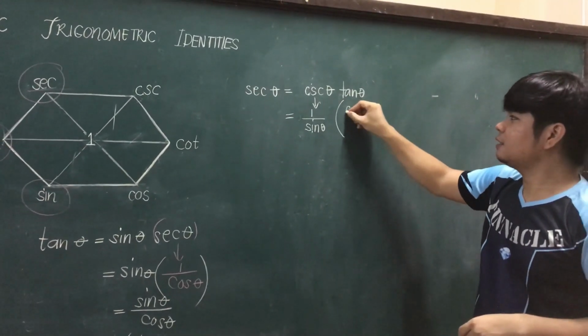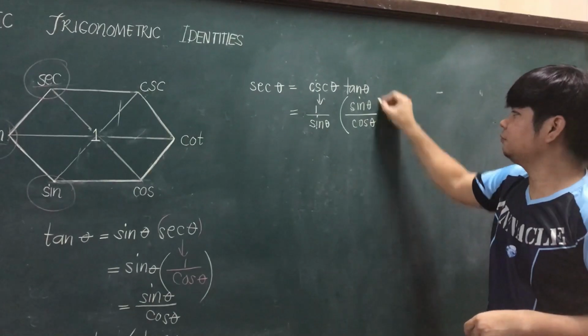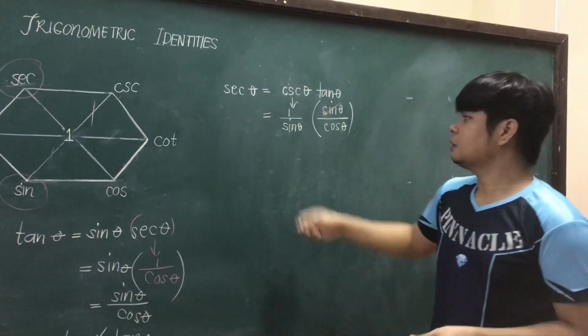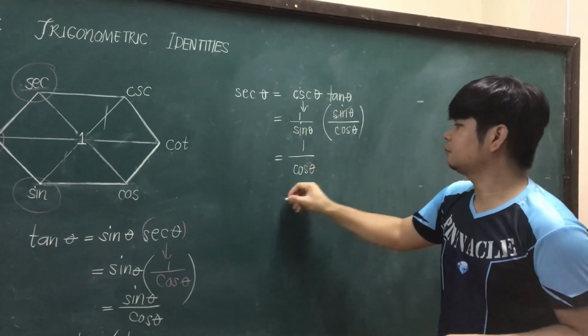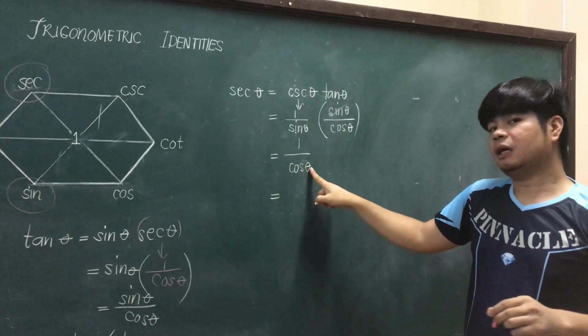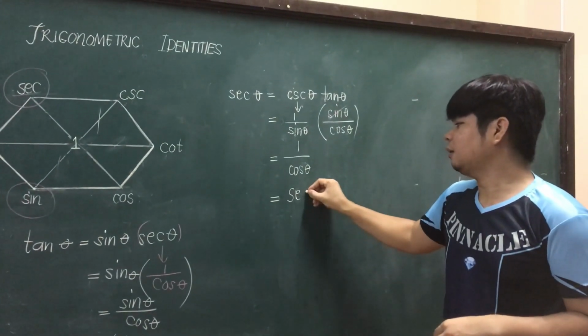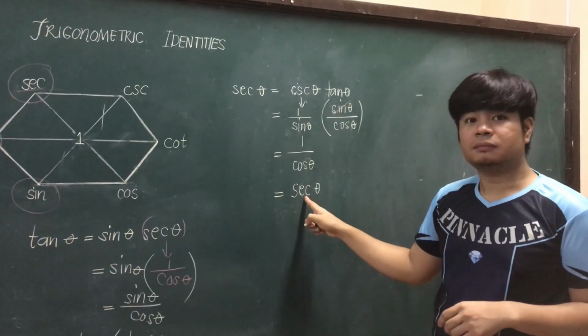And tangent theta is equal to sine theta over cosine theta. So as you observe here, we can cancel out sine theta. Okay? So what is left? We have 1 over cosine theta. But 1 over cosine theta is the reciprocal of secant theta. So we can replace that with secant theta. And they are the same.